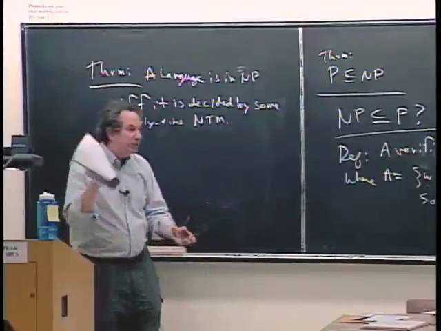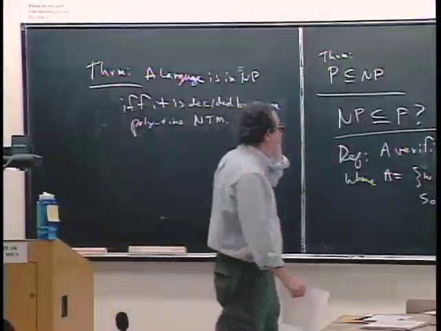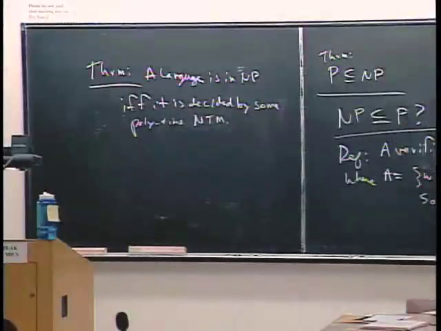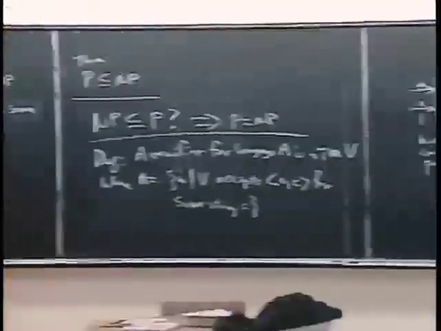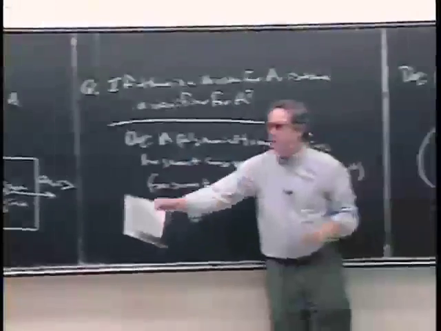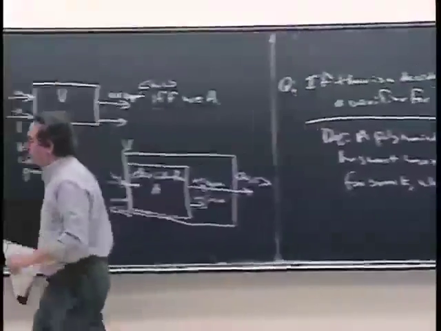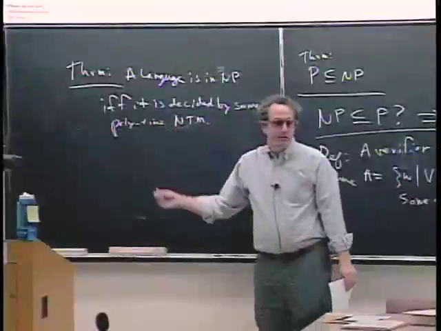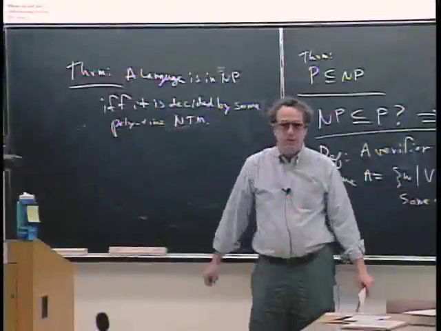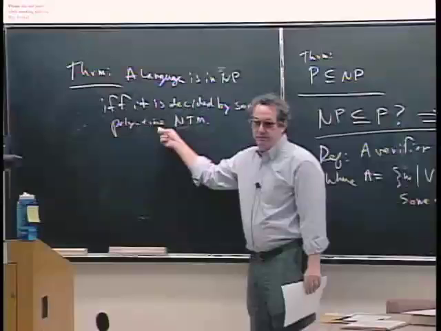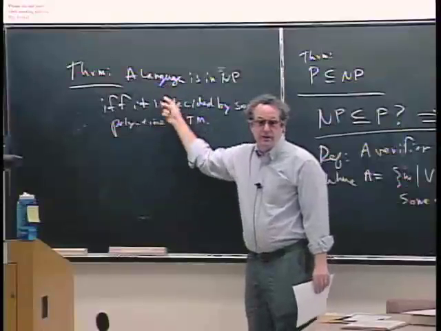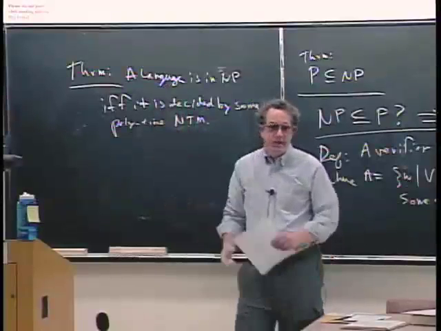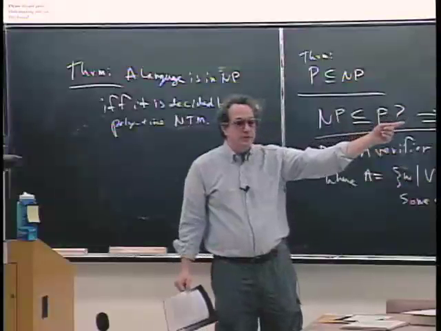The book defines NP this way, and then proves the other as a theorem. What I did, so you'll understand this when you look at the book, was give this as the definition of NP, and another definition over there.